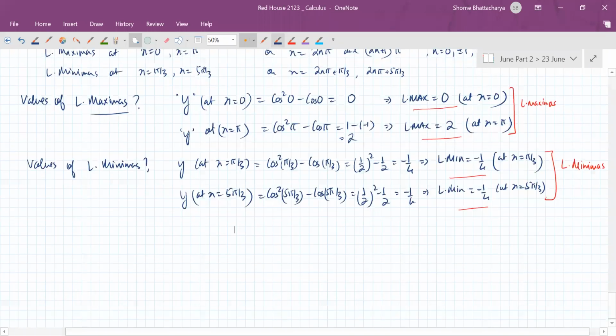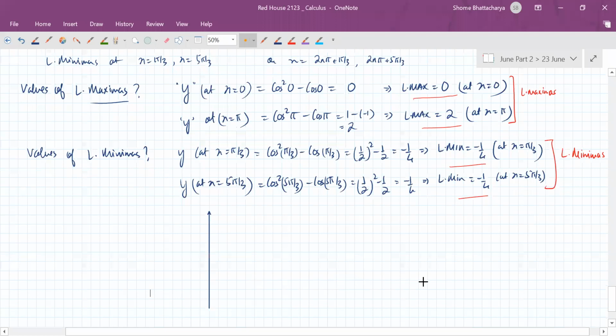So if you look at the graph of this function in one fundamental cycle of 0 to 2 pi, you'll see it has this interesting kind of behavior. Say this is the value 2, and let's say this is the value minus 1 by 4.